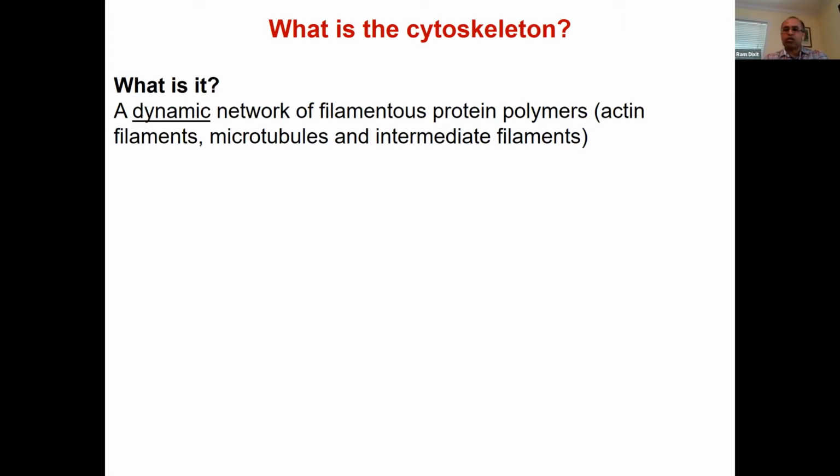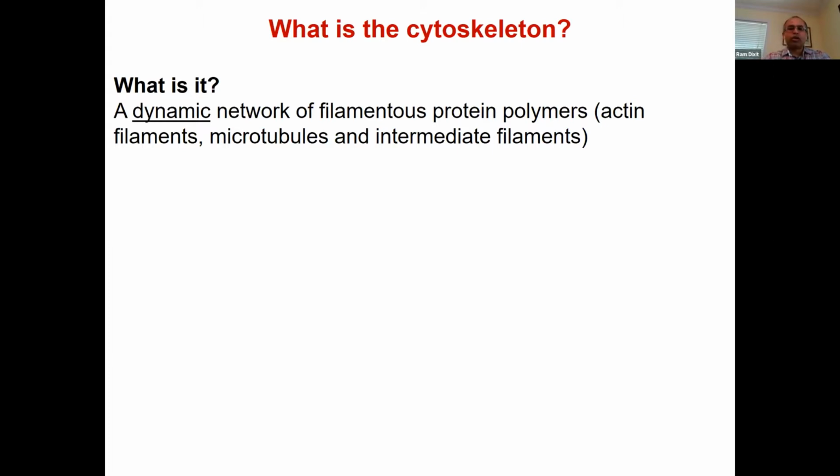But unlike our skeleton, which is a relatively static structure, the cellular cytoskeleton is extremely dynamic, and the dynamics of these polymers are in fact very important for their organization and function and the ability of cells to adapt to changing conditions. And so the three components of the cytoskeleton are actin filaments, also called microfilaments, or F-actin for filamentous actin.